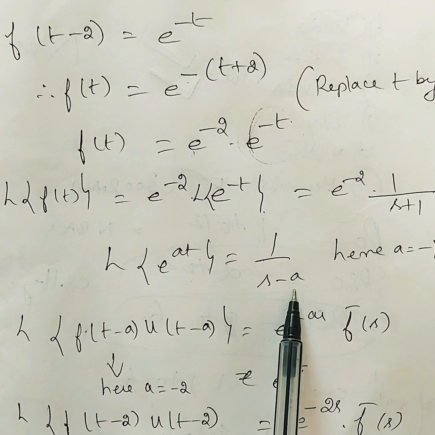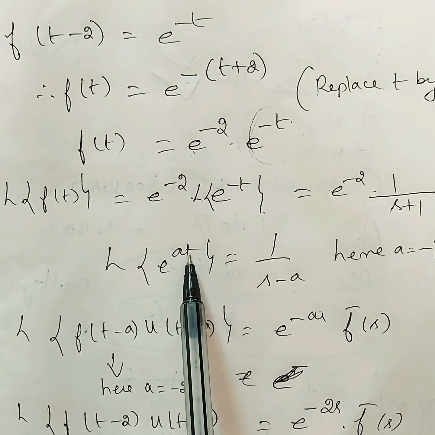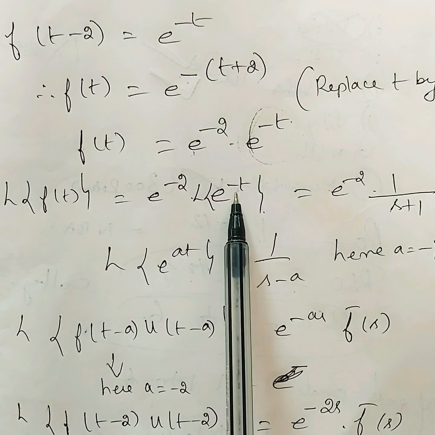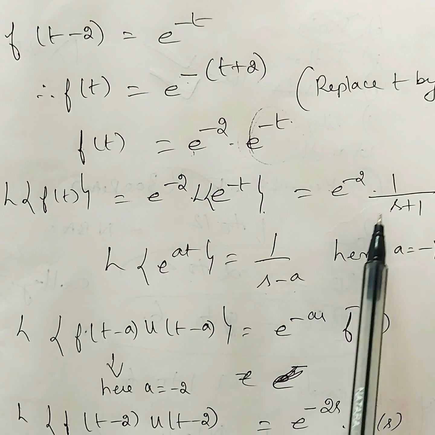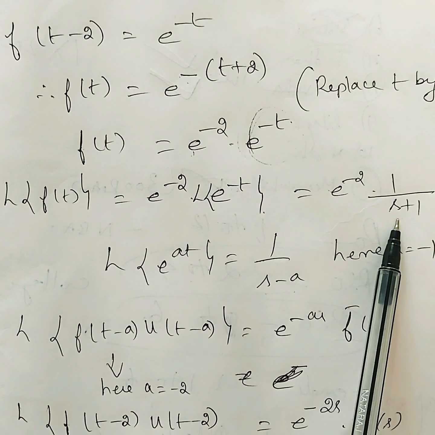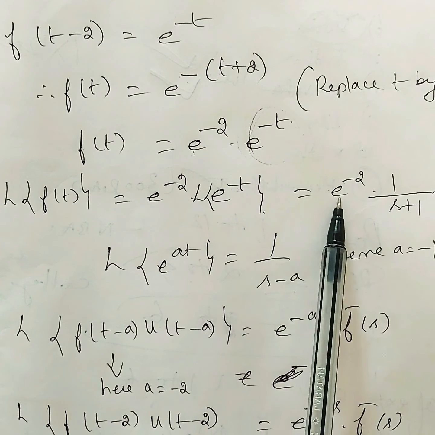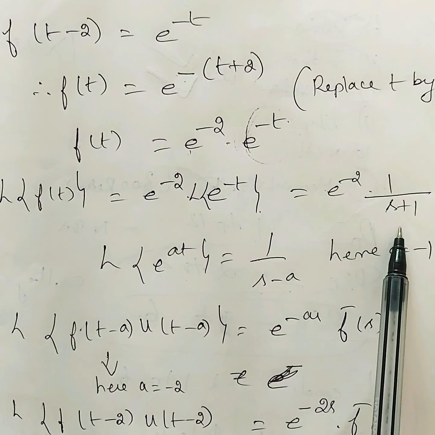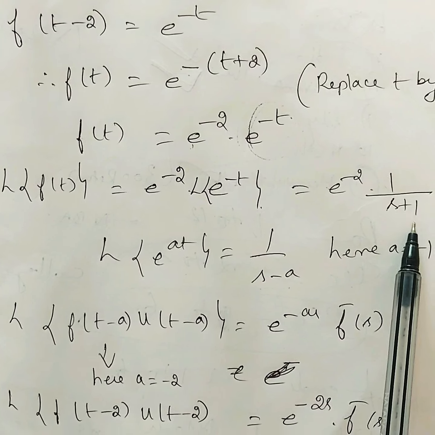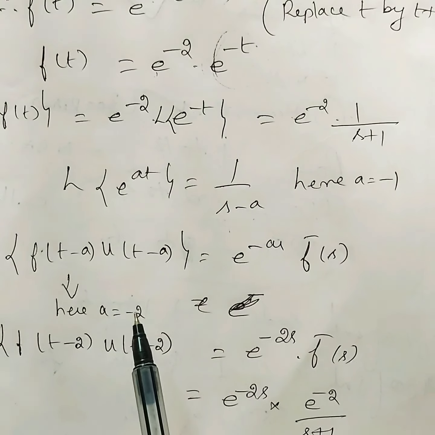You are just comparing. In the place of a, I have minus 1. So 1 by s minus minus 1, that is why I have written 1 by s plus 1. This e power minus 2 is just a constant which is standing outside. So 1 by s plus 1 we got it. So we use this basic formula.